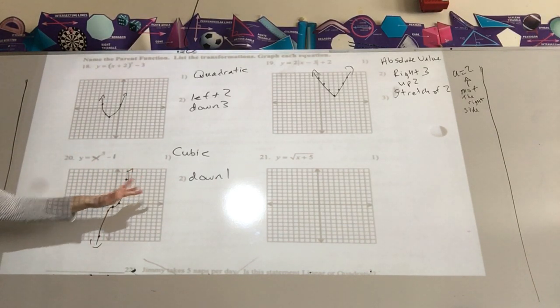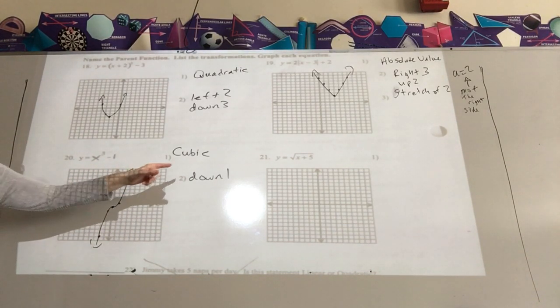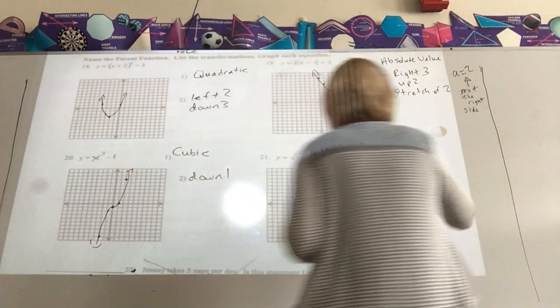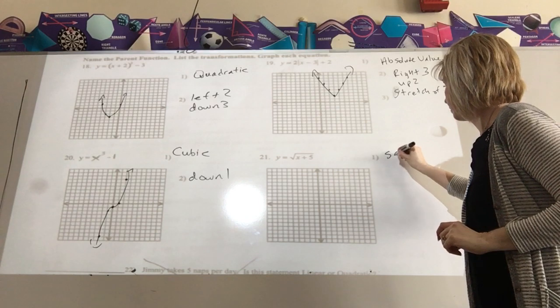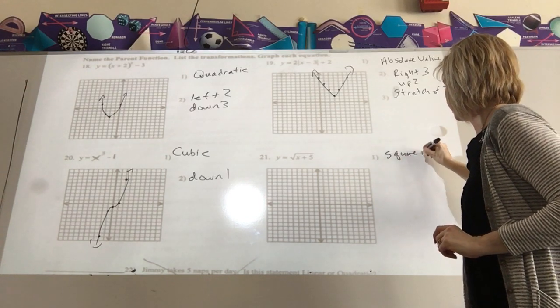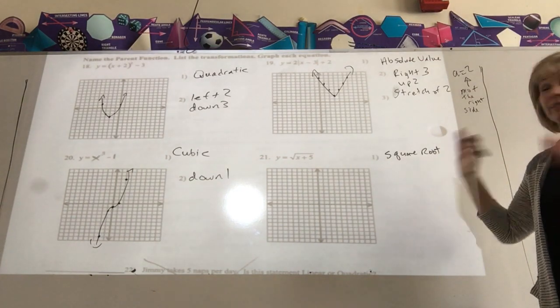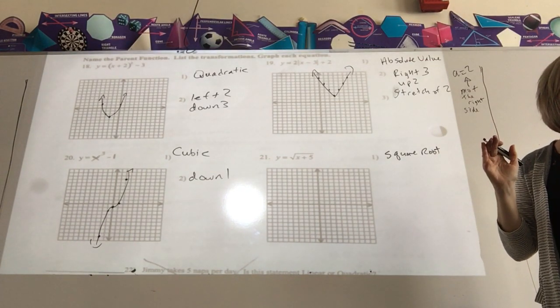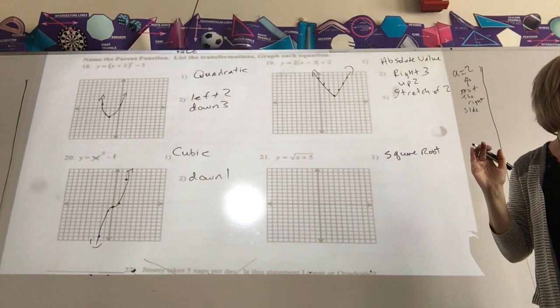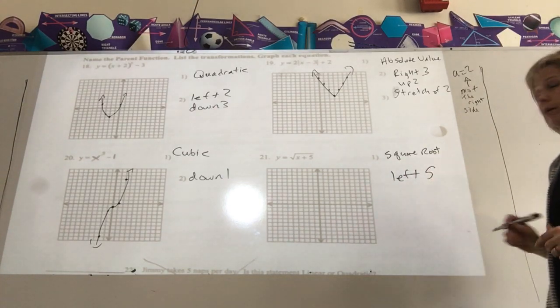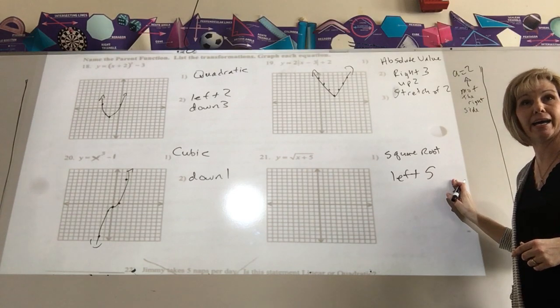All right, the last one we're going to look at together. So for number 21, what name is this function? Square root. So what is really the only thing we are doing here? So it's inside, so it's going to the left. Left 5.